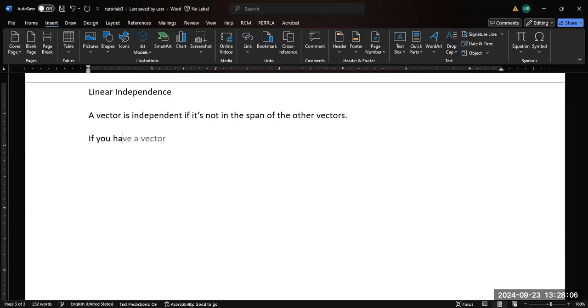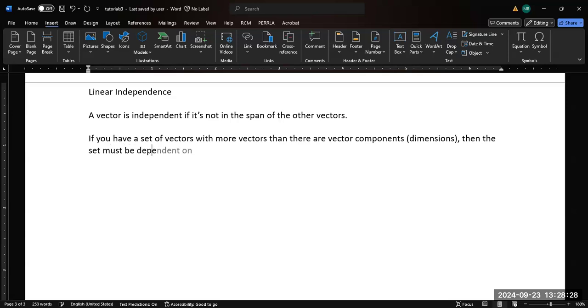If you have a set of vectors with more vectors than there are vector components, i.e. the dimensions, then the set must be dependent.